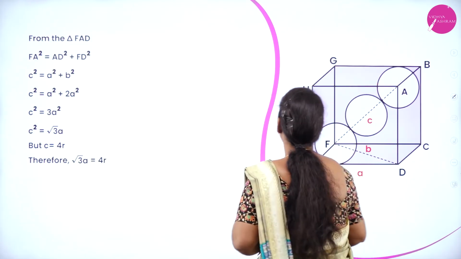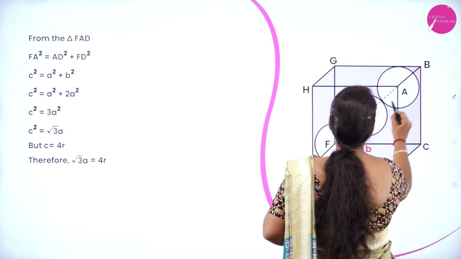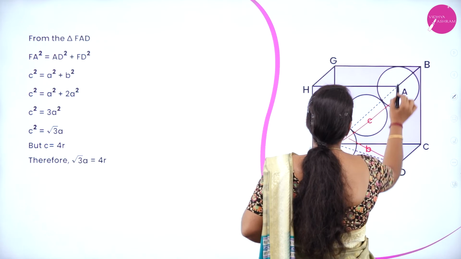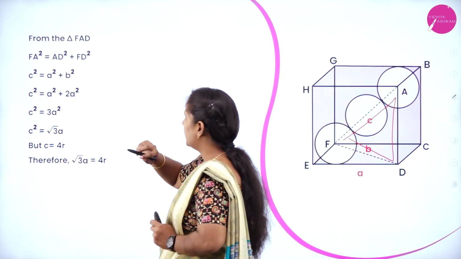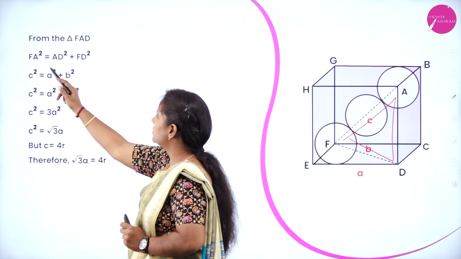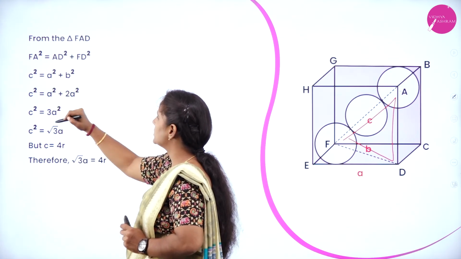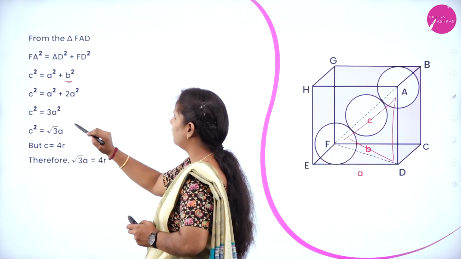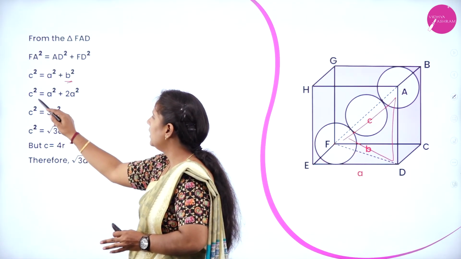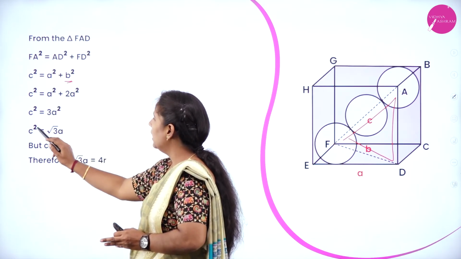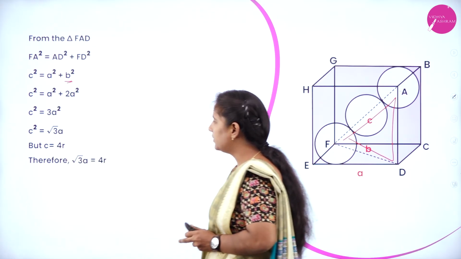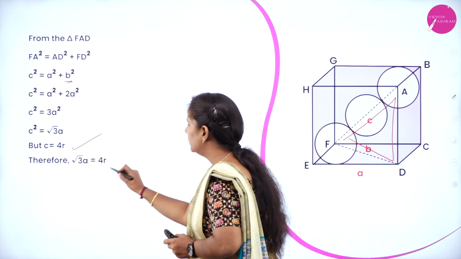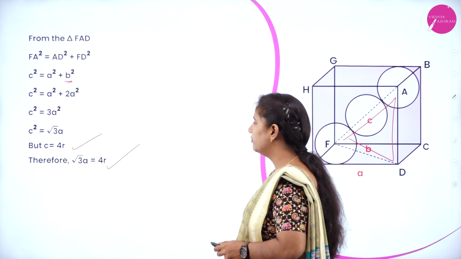And in the triangle FAD, FA square will be equal to FD square plus AD square. So, c square is equal to a square plus b square, and b square is 2a square as we have obtained just now. So, c square is equal to 3a square, or c is equal to square root of 3 a, so c is equal to 4r, or square root of 3 a is equal to 4r.